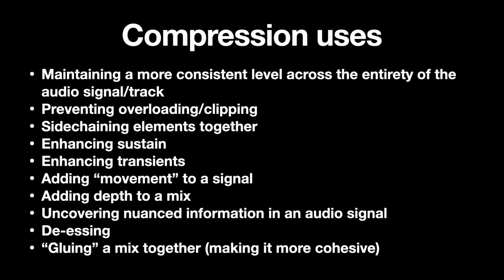Side chaining elements together. So side chaining is when you take a source that you're going to compress and you trigger that compression by a different source. So let's say you were doing a dance track and you wanted to compress the bass so that the kick drum came through more. You could use a side chain, which is just a send from the kick drum track.